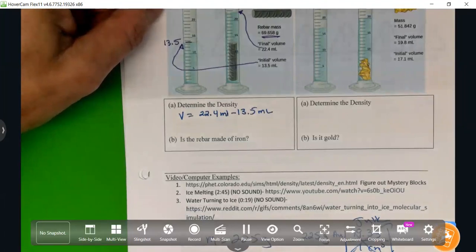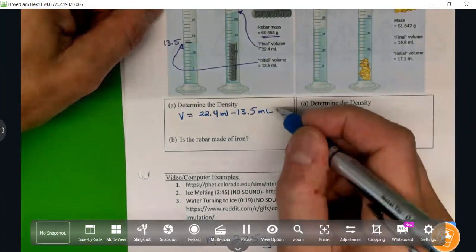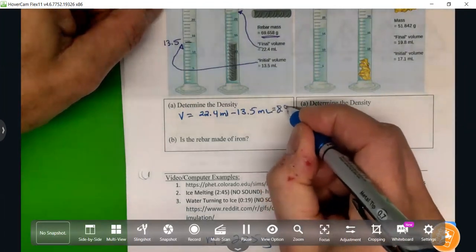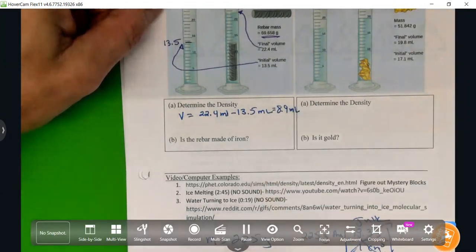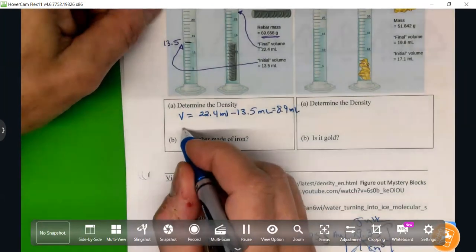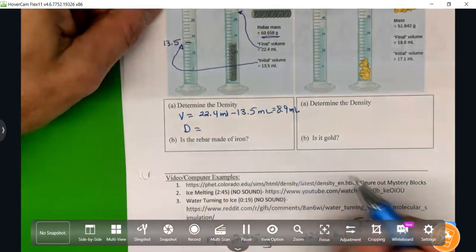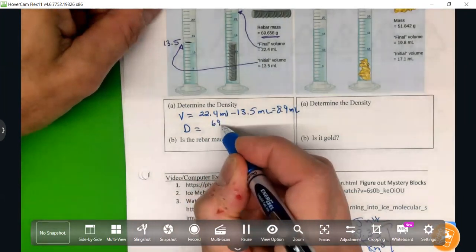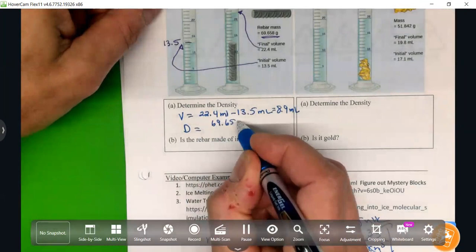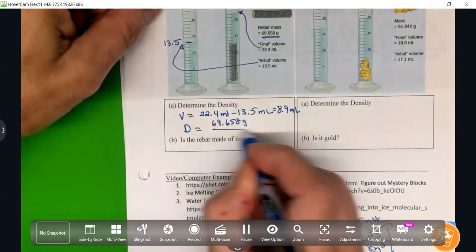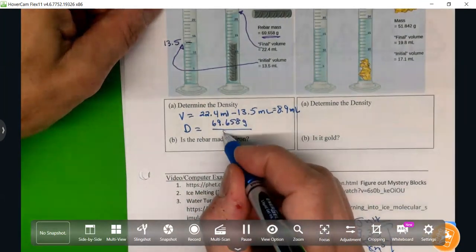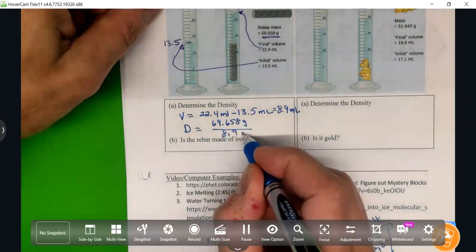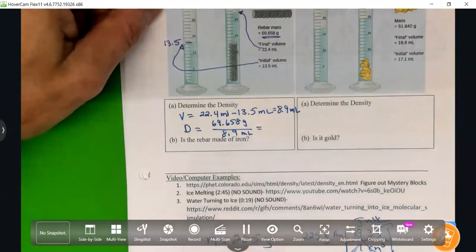So that's going to give me 8.9 milliliters. So my density is going to be 69.658 grams over 8.9 milliliters.